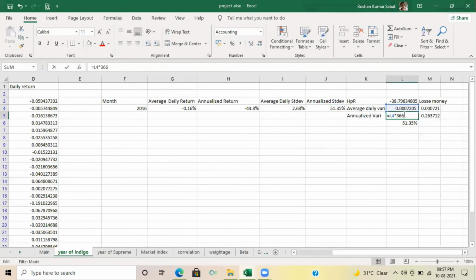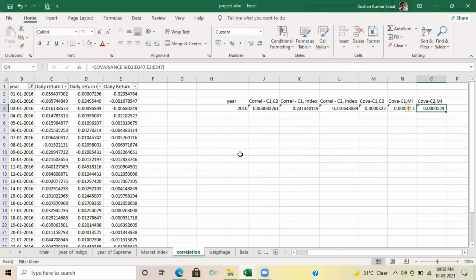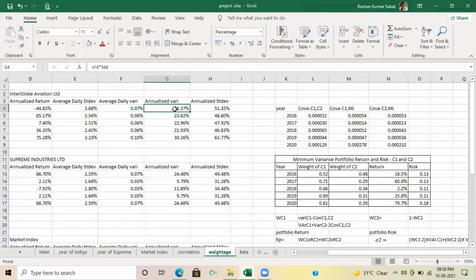For the 2016 annual variance, just multiply the average daily variance by 366 days, you get this. If you take the square root of that, you get the standard deviation. You can see both are equal. By this, you can calculate the annual variance.